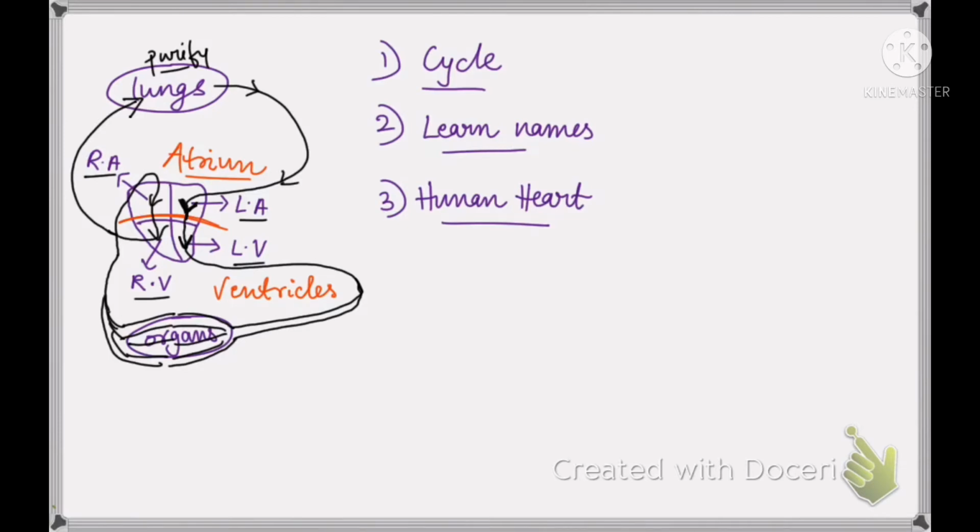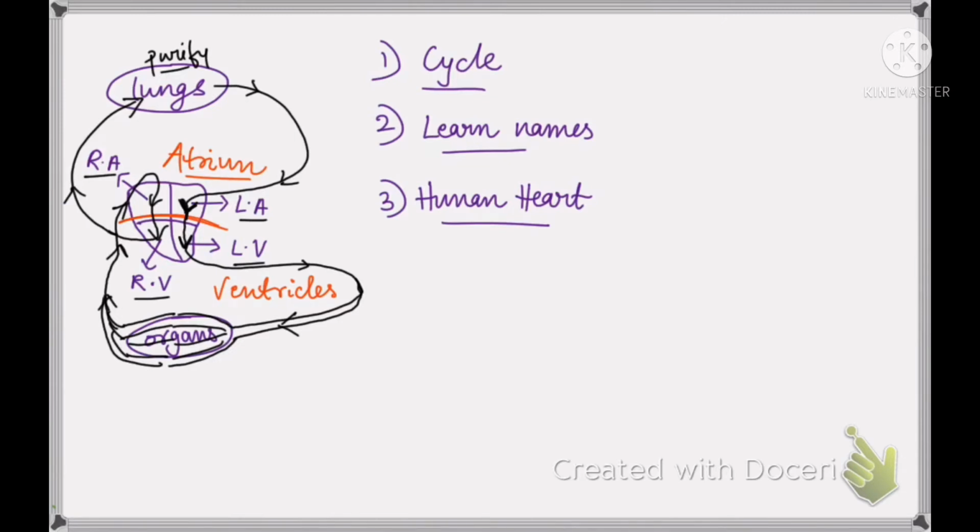It goes into the left atrium, left ventricle, and followed by that the process repeats. So if you're clear with this simple process that I have told, learning the total function of the heart is very easy for you. Now we have to just name different things.